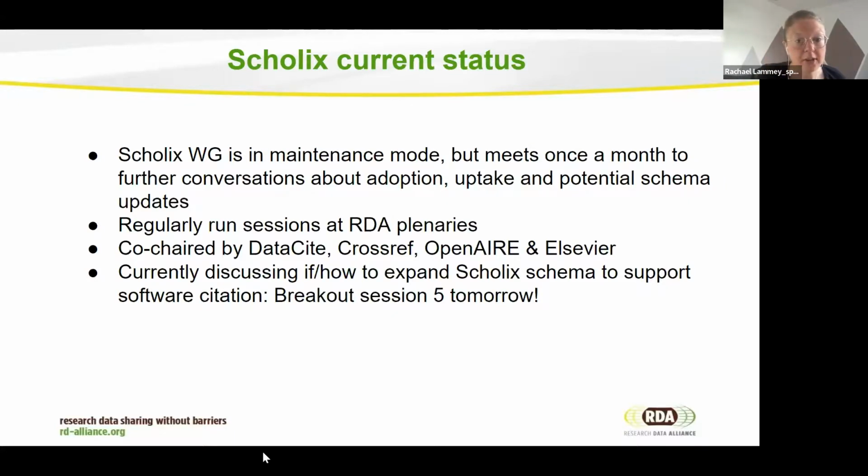We're currently discussing if, how, and why to expand the Scholix schema to support software citation, as I said, we'll be talking about that tomorrow. I just wanted to communicate that the group is a going concern, and we're still having these conversations and talking about adoption. As with some of the work described here, we understand that what's happening is very much a work in progress. Next slide.